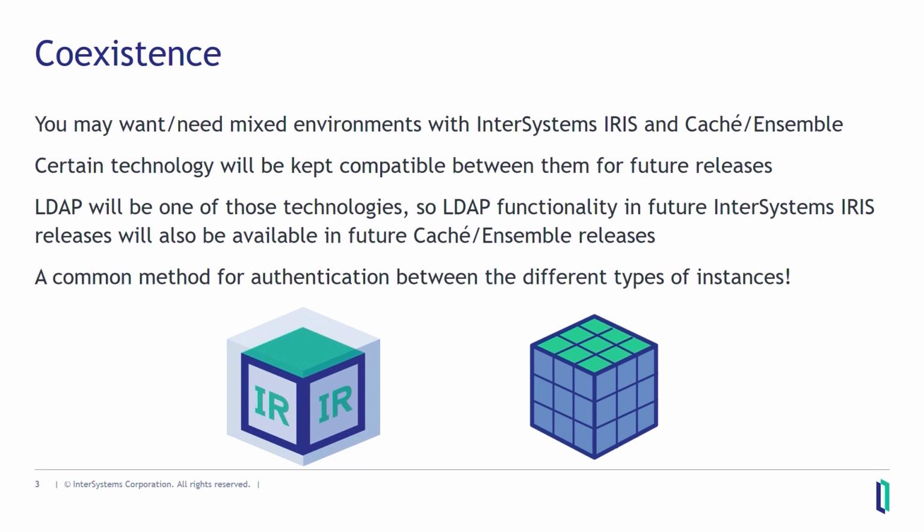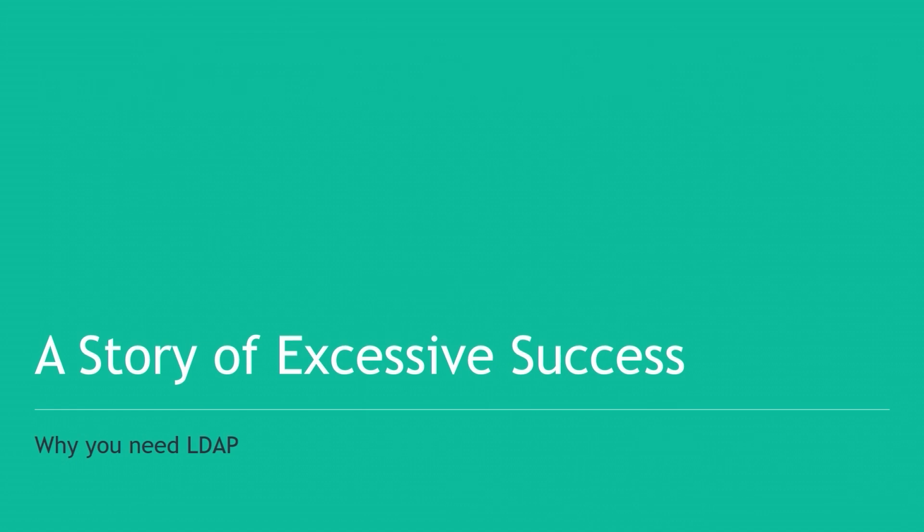And LDAP, while not maybe directly in there, LDAP features will be kept compatible with each other, so what you set up for your InterSystems IRIS instance can also go in the future into your Caché instance. Again, the features we're looking at today are unreleased, so they won't be arriving until InterSystems IRIS 2018.2 and later for Caché Ensemble.